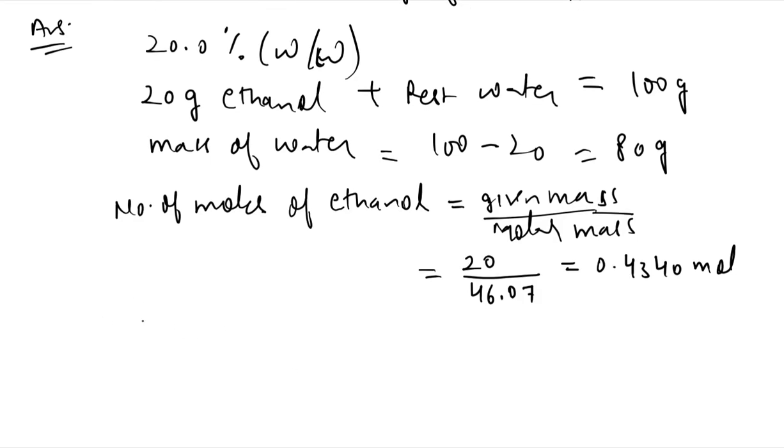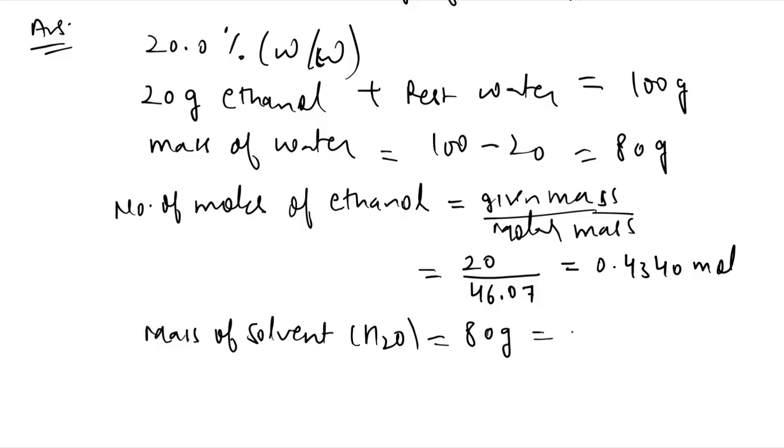Okay, and for molality, first we are calculating the molality. So the mass of solvent, which in this case is water, is 80 grams, or you can also say 80 divided by 1000, that is 0.08 kg.